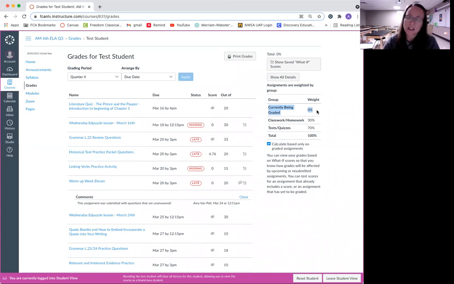And once they are graded, they are moved into the homework category or the quiz category. So this way, hopefully we won't have heart attacks and we won't be yo-yoing as much. Everything will be pretty stable and grades will just adjust a little based on how your student performs on whatever assignment is dropped into the class homework category or the tests and quizzes category.